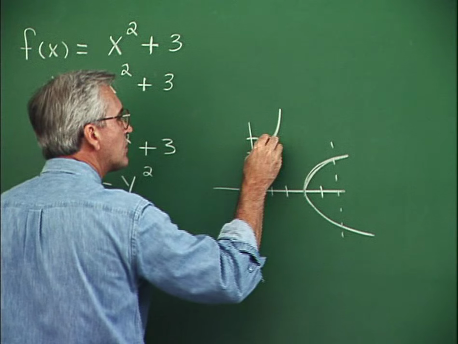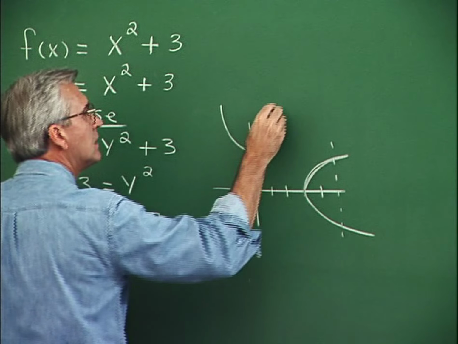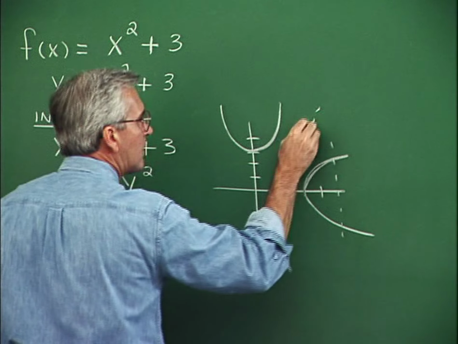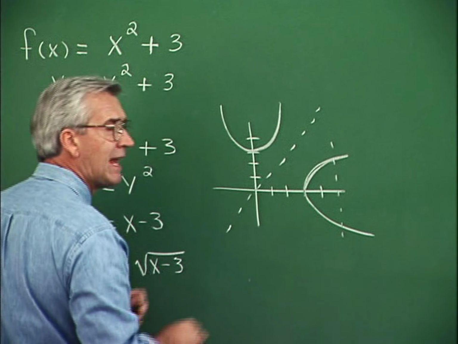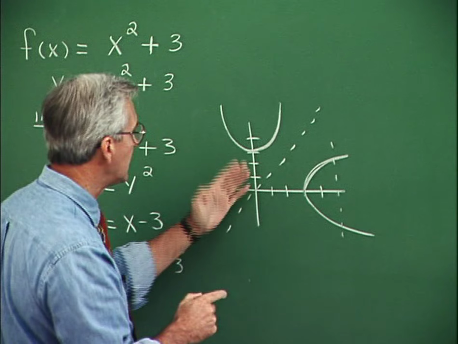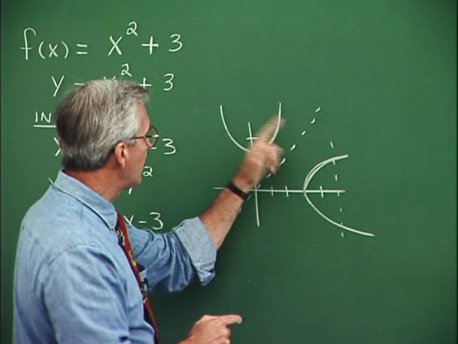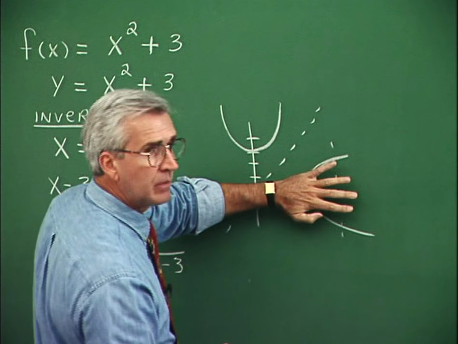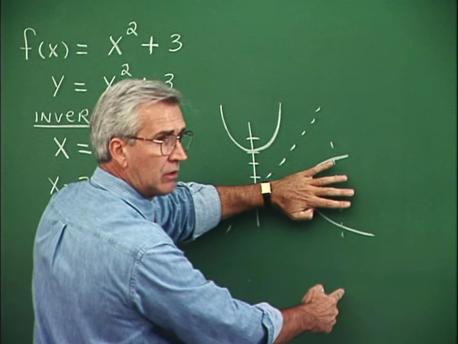The graph of the original function is something like this. Now, you see, we know that because we have this reflection characteristic in the y equals x line, this graph is going to reflect in this line and turn out to be this, and it'll fail the vertical line test.